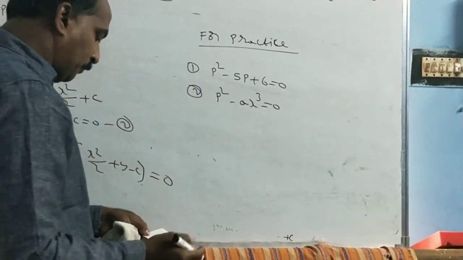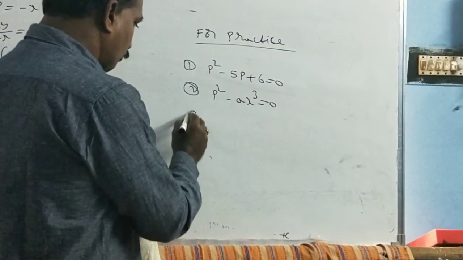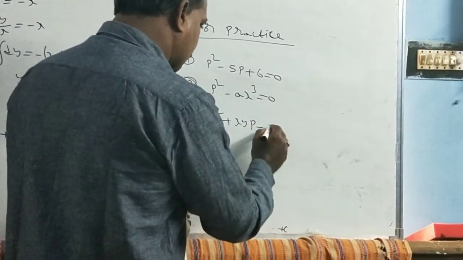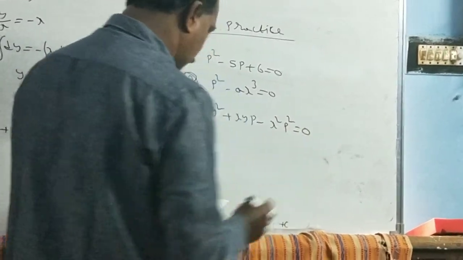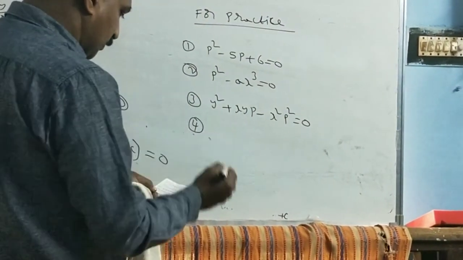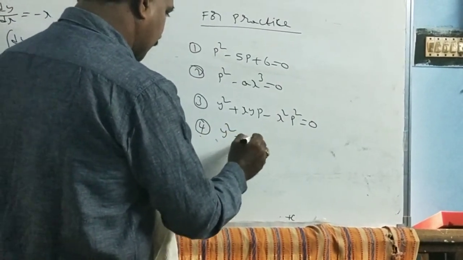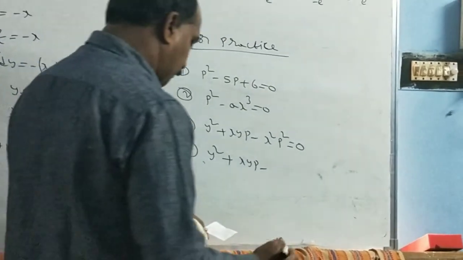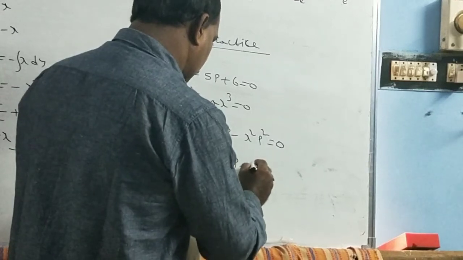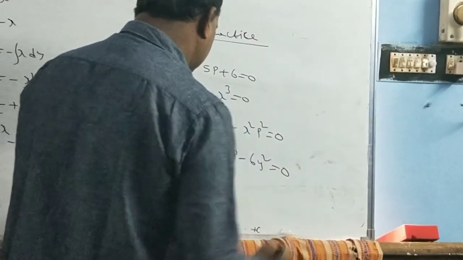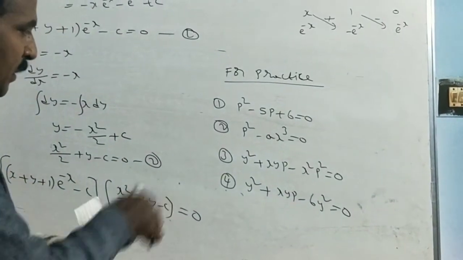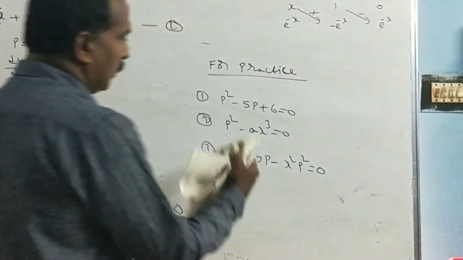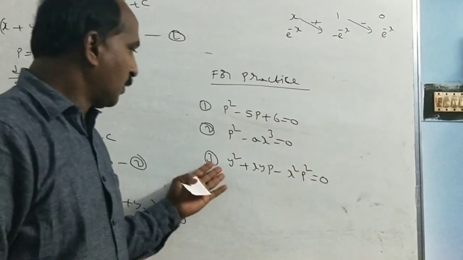Y square plus xyp minus x square p square equal to 0. Fourth one is y square plus xyp minus 6y square equal to 0. Fourth one is first order first degree. So these three problems are for practice.